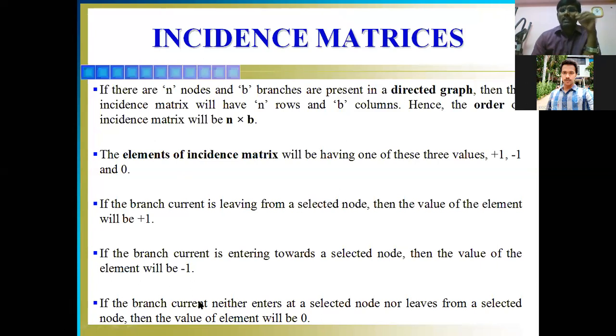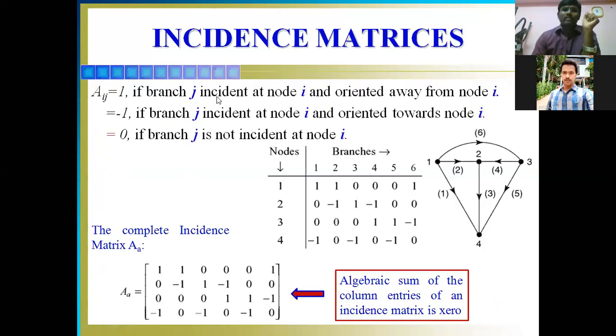If the branch current neither enters nor leaves the selected node, then that element is equal to 0. We will summarize these three points like this. Aij is the element, where i is the node number and j is the branch number.